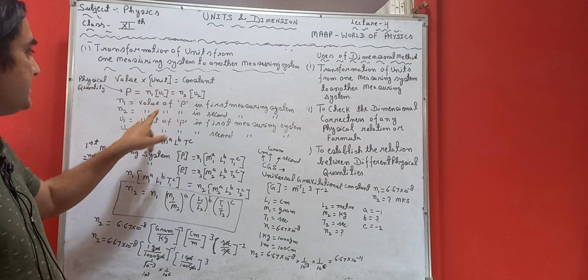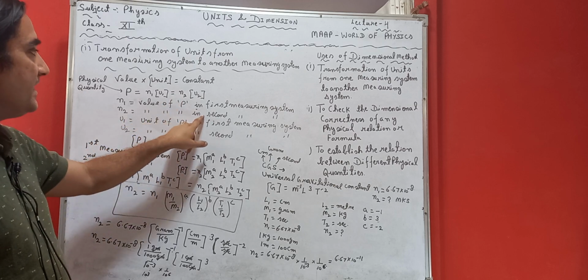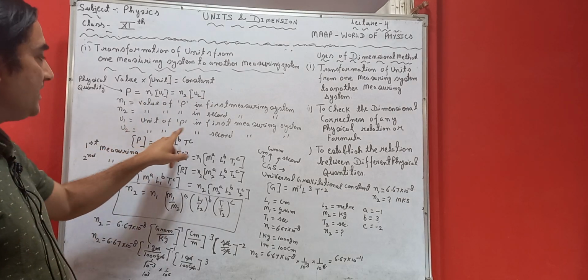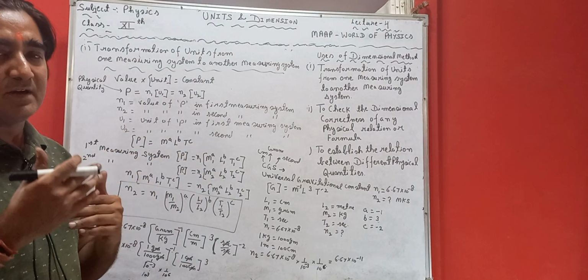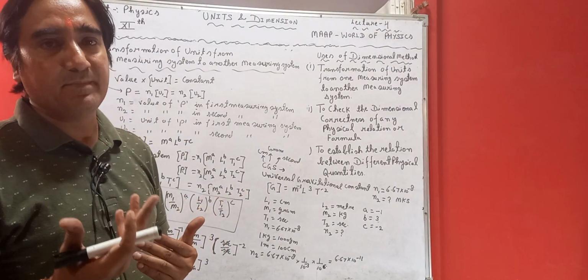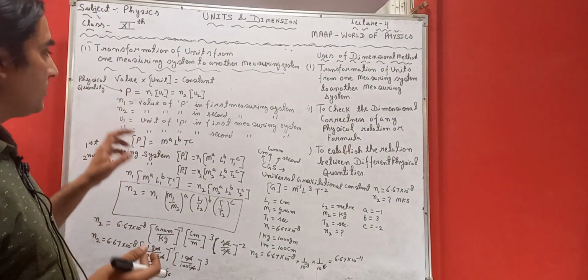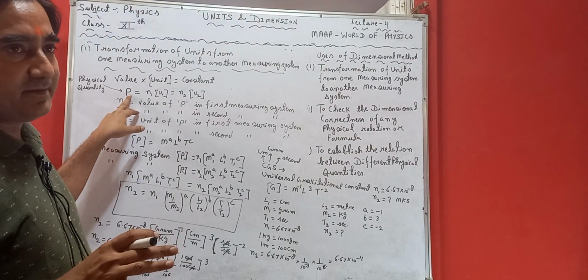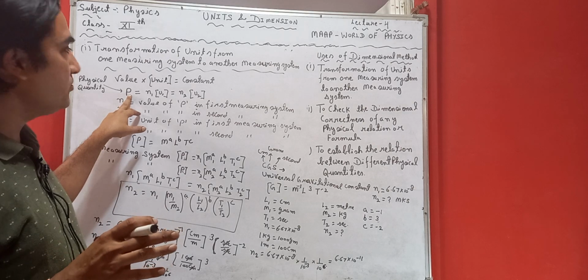Similarly, n2 is the value of the physical quantity in the second measuring system, and u2 is the unit in the second measuring system. We have to convert the value from one measuring system to another. The fact behind this is that the physical quantity is never going to change.